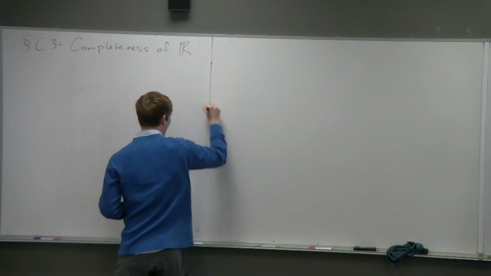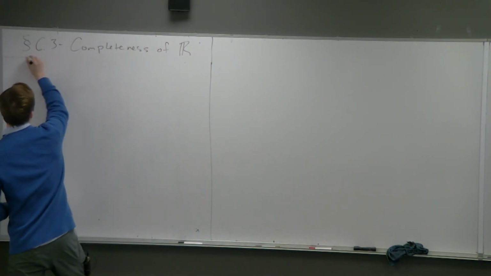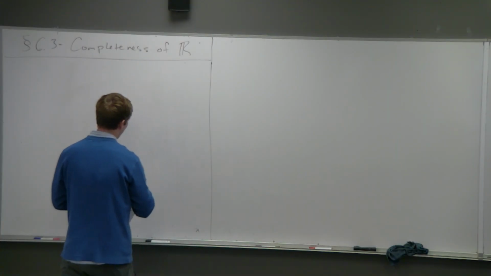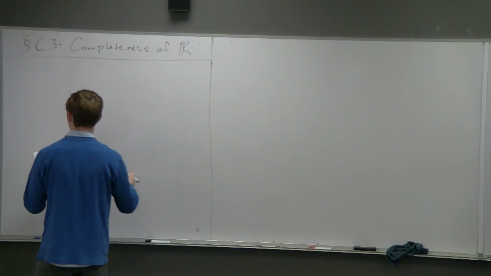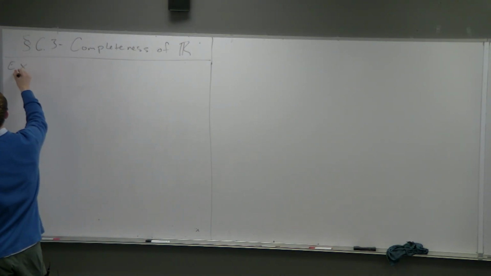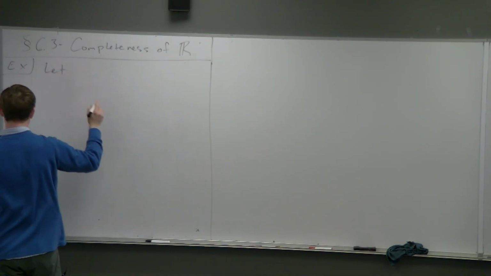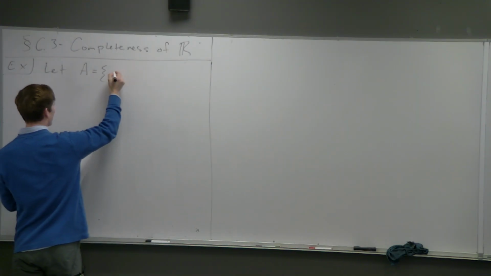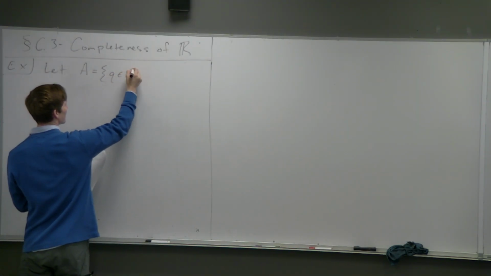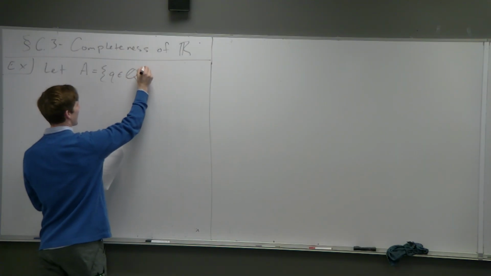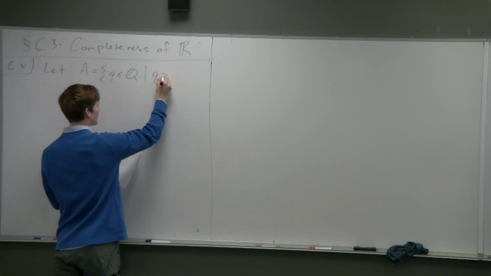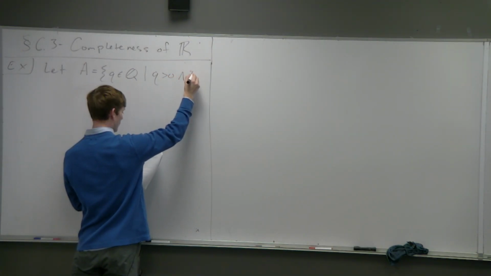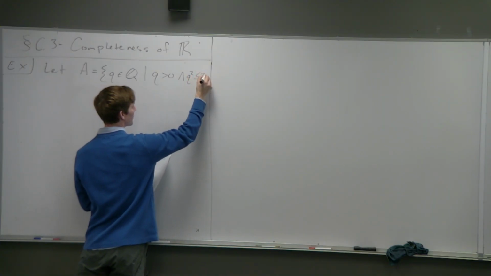Okay, so here's the story. Here's the idea of it. Now, I'll try to illustrate this with an example here. Let A be the set of rational numbers Q such that Q is greater than 0 and Q squared is less than or equal to 2.